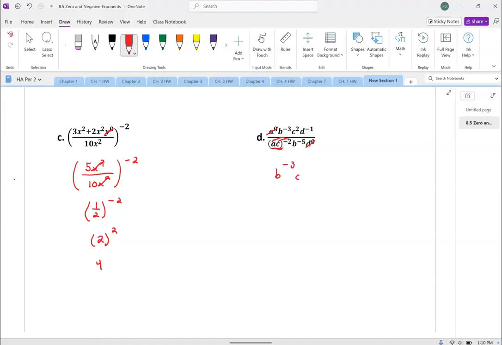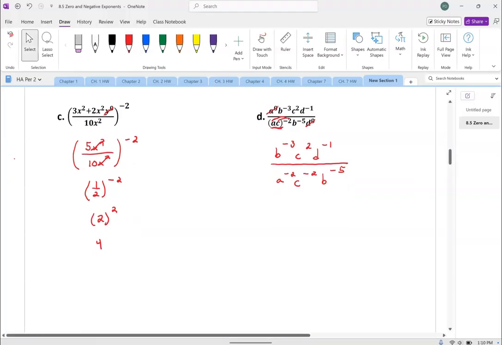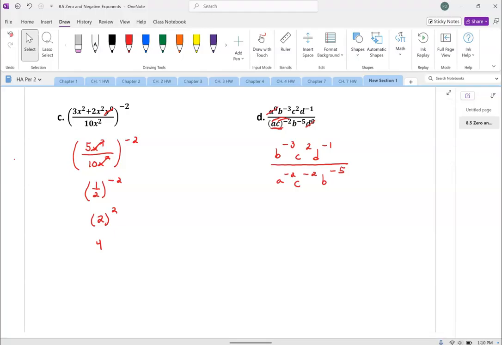B to the negative 3, c squared, d to the negative 1, all over a to the negative 2, c to the negative 2, b to the negative 5. Now, anything that has a negative exponent is going to move. So they're either going to go up or down. So we can either do the subtraction or we can move them. That's kind of up to you.